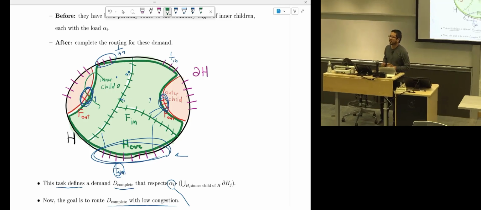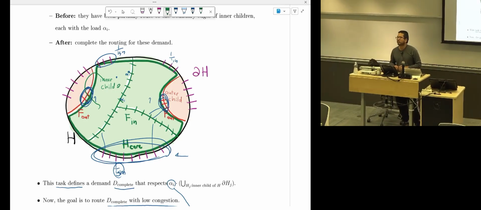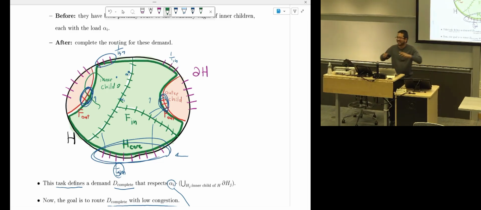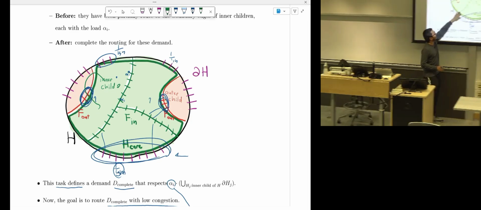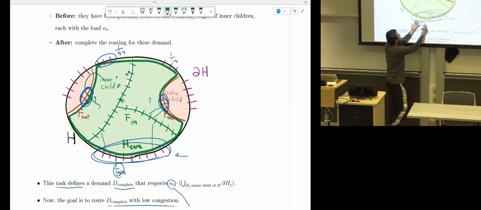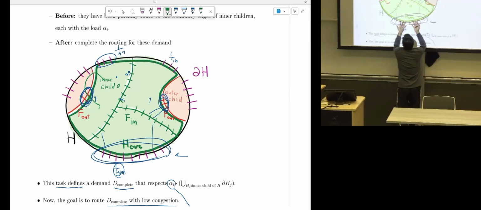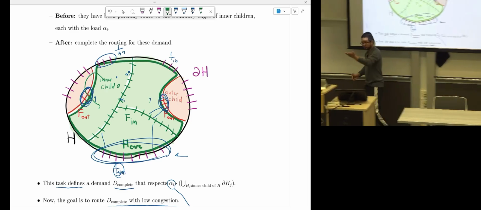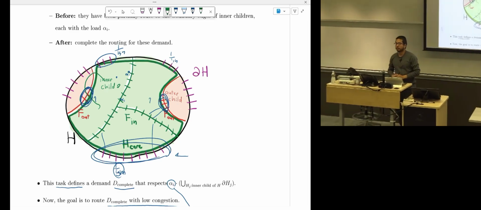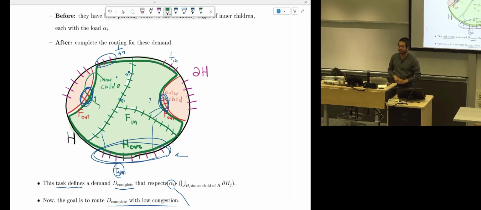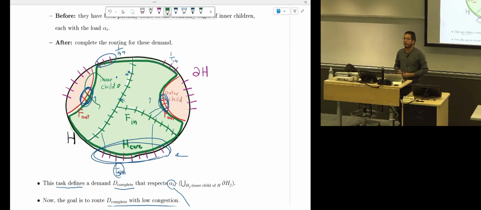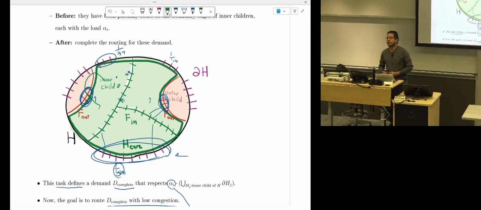Wait, sorry, maybe I'm missing something obvious, but how do we know that F in is a matching? Oh, F in is not a matching. F in is an expander because it's an expanding set. Right, okay, good. F in is expanding, and we have a matching from the boundary of the core to the expander. The matching comes from the computation of this flow, right? Yeah, exactly. Is there a generalization if we allow arbitrary weighting, not just this flow, so you get a single quantity flow which routes a bipartite graph?